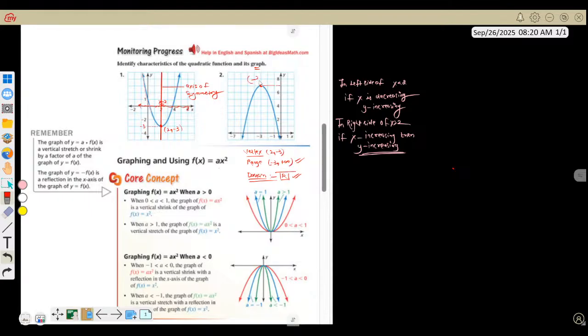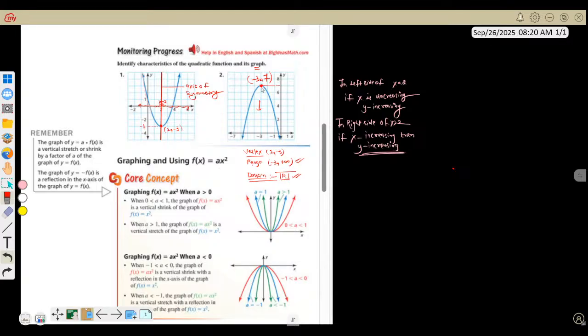Yeah. So (-3, 7) is the vertex, and this is the highest point, not the lowest point, because the parabola is downward. That's why the upper point, the vertex, is called the highest point.